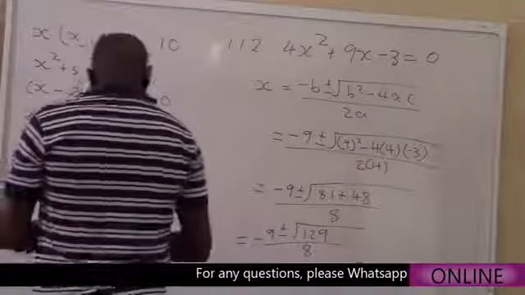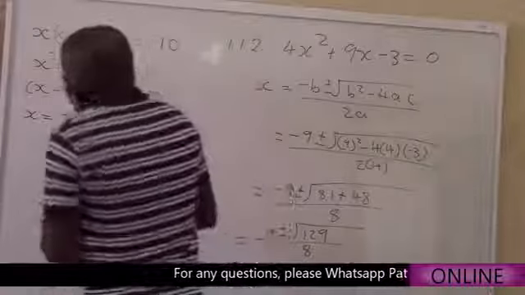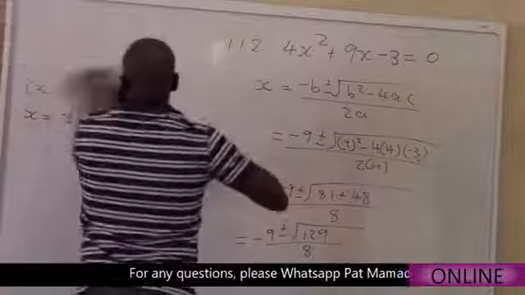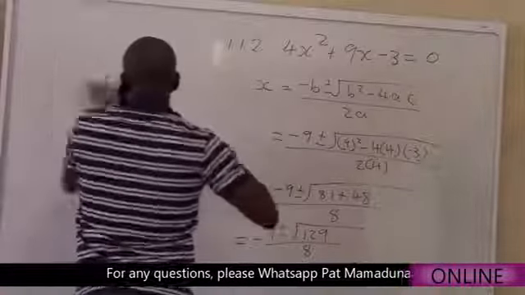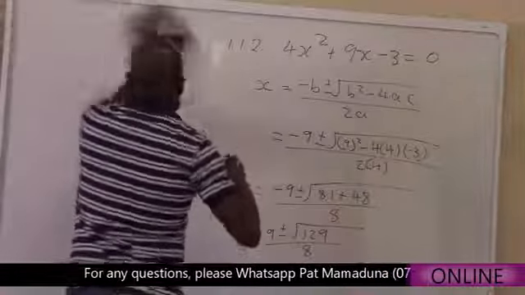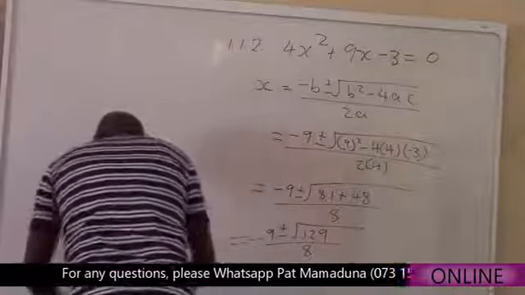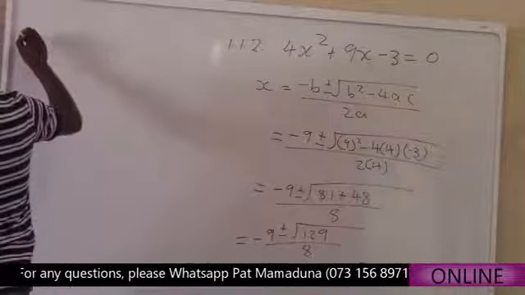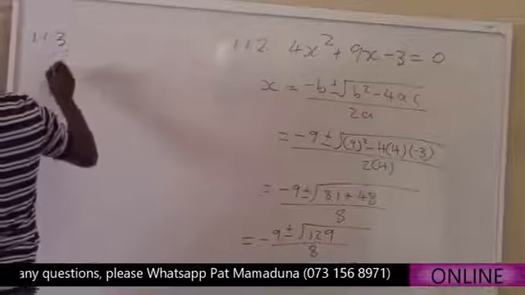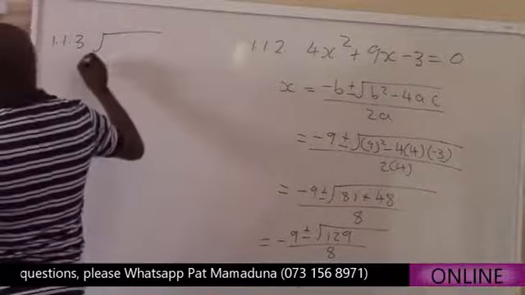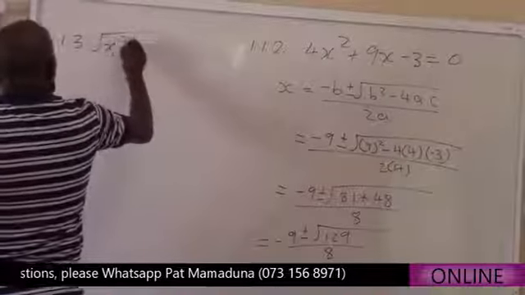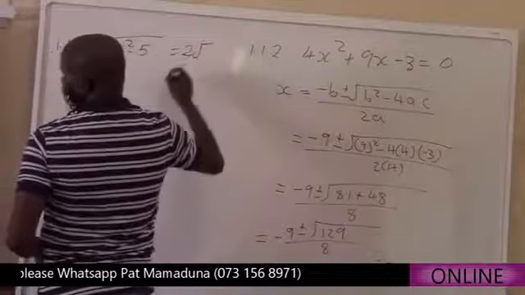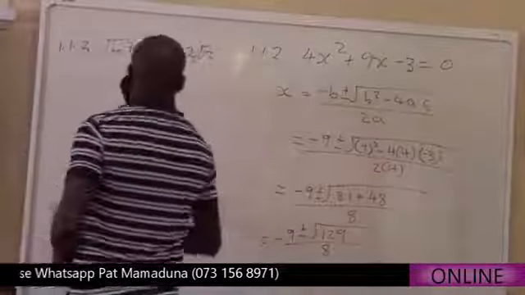And then the other one that comes, sometimes it comes in many other ways, but it's the one where we are squaring both sides in order to get our solution. In this case, the one in the 2017 of 1.1.3, it was the square root of x squared minus 5 equals the square root of x.